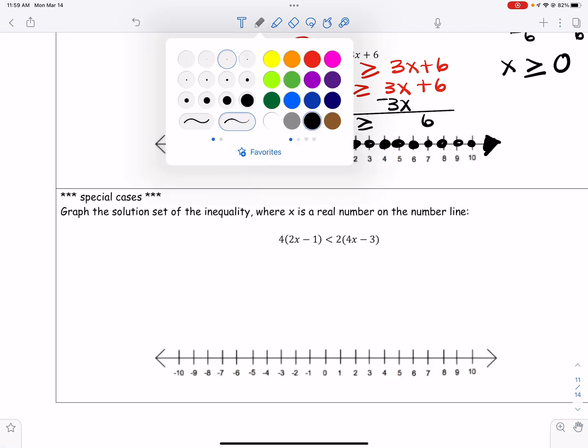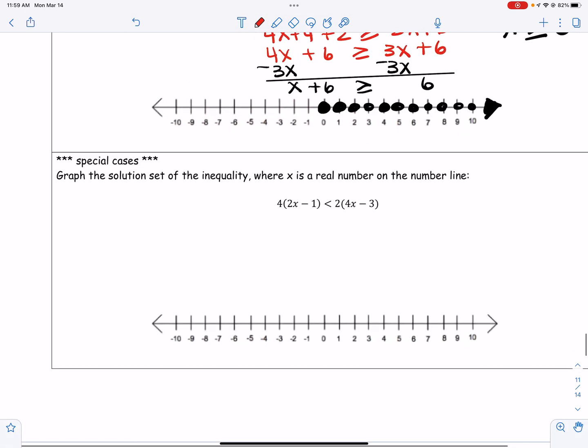Now, here are two special cases, and I'm going to have you recopy one because I made an error. So when you recopy this, this one you don't have to recopy. What's going to happen is something special is going to happen. And so when I distribute this, I'm going to get 8x minus 4 is less than 8x minus 6, okay?